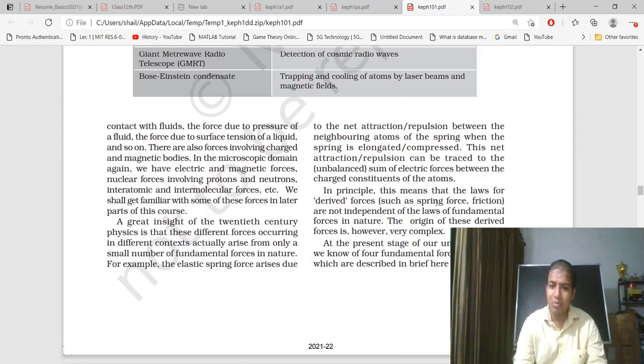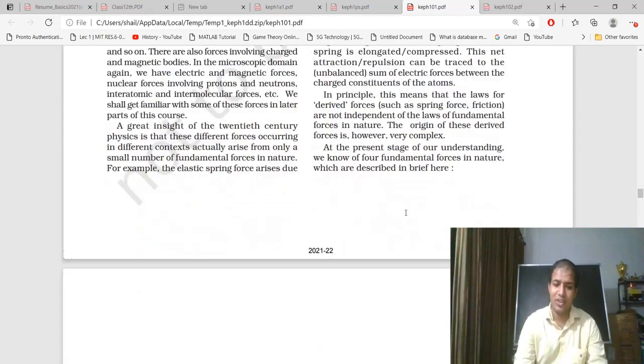In principle, this means that the laws of derived forces such as spring force and friction are not independent of the laws of fundamental forces in nature. The origin of these derived forces is, however, very complex. At the present state of our understanding, we know four fundamental forces in nature, which are described in brief here.